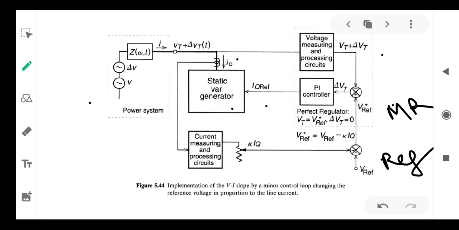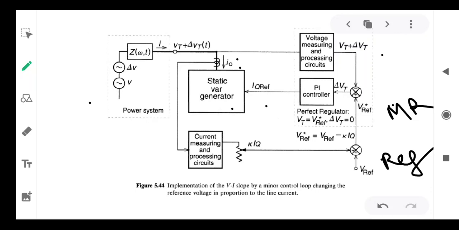From the IQ reference and I0 are used to control the SVG as per our requirements, and through the internal control, direct voltage control or indirect voltage control can be adopted for the SVG control, or SVC control can be used internally. So therefore, this is the overall control of VI slope implementation.